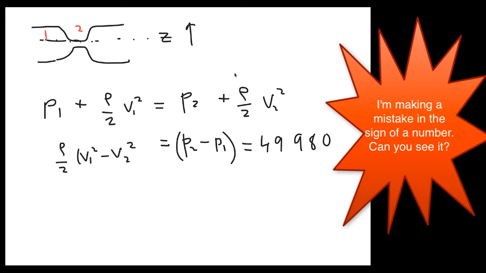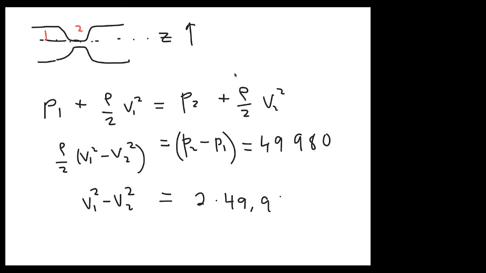And when we solve here for the velocity, we get v1 squared minus v2 squared is equal to 2 times 4,980 divided by the density, 1,000 kilograms per meter cubed.